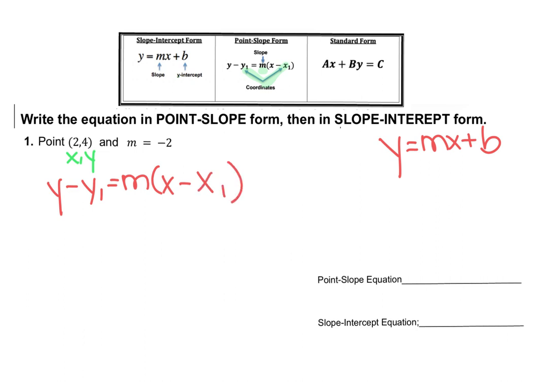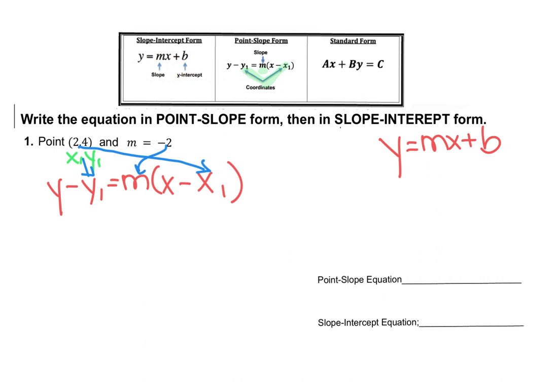All right, so let's plug in what we know and then we're going to solve for what we don't. Notice we have our slope right here, that's our m. We also have the x1 and the y1. We're going to plug in the y1 and the x1.